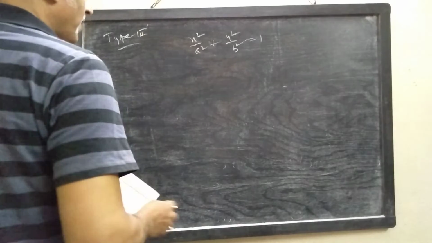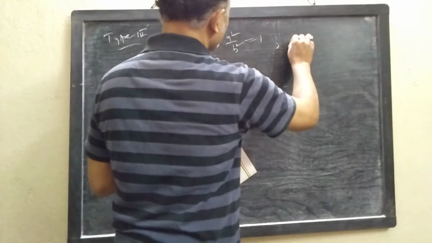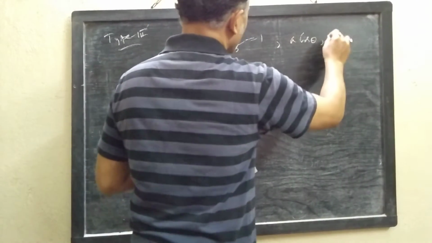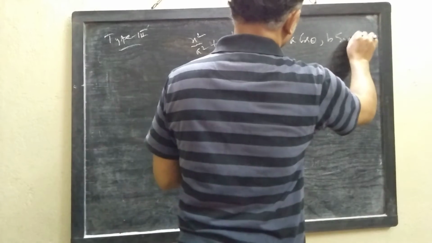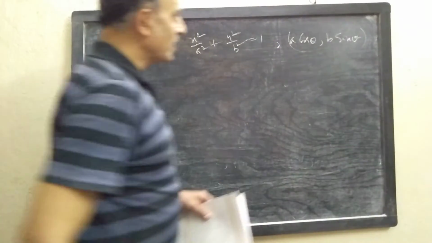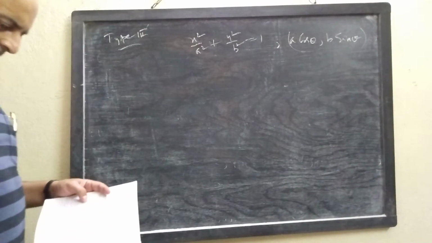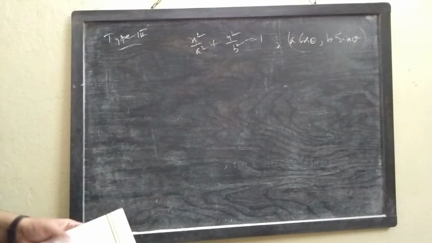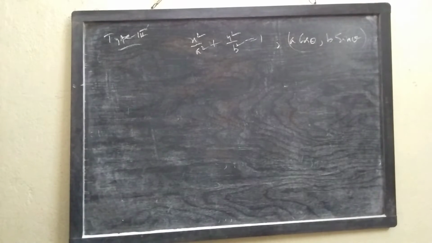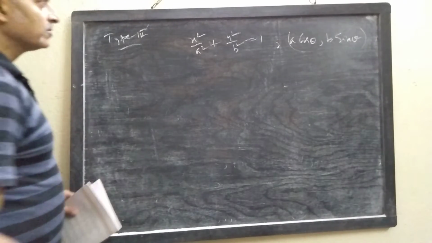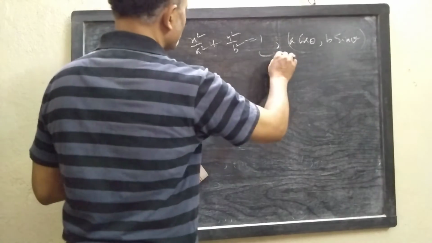And we know a parametric point on this ellipse is (a cos theta, b sin theta). And we are asked to find the equation of the tangent and normal to the curve at this point.